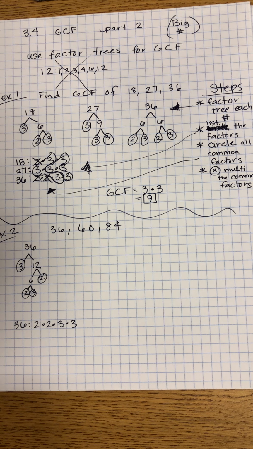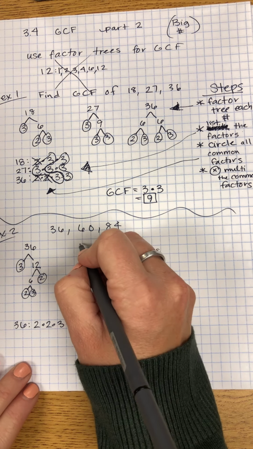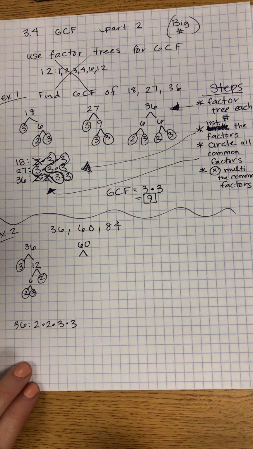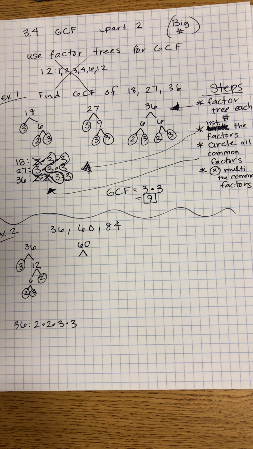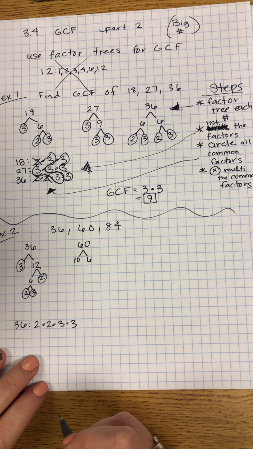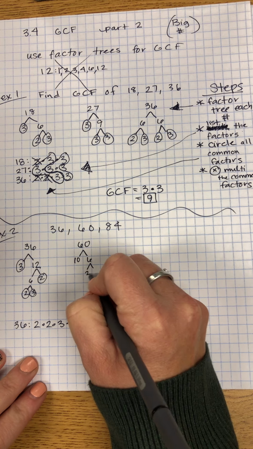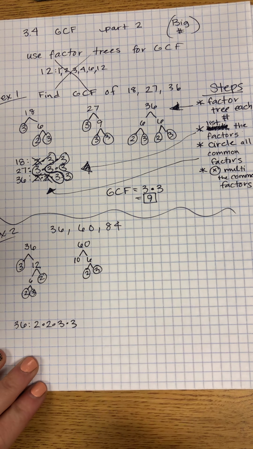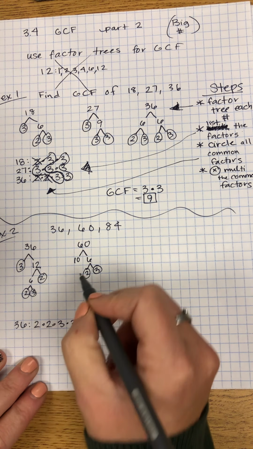Let's stop with the noises. Thank you. Okay, 60 is the next one. Paul, what 2 numbers go into 60? 10 and 6. Yep, that's what I would pick also. 2 and 3 go into 6 and they're both prime, right? 'Cause we just did 6.